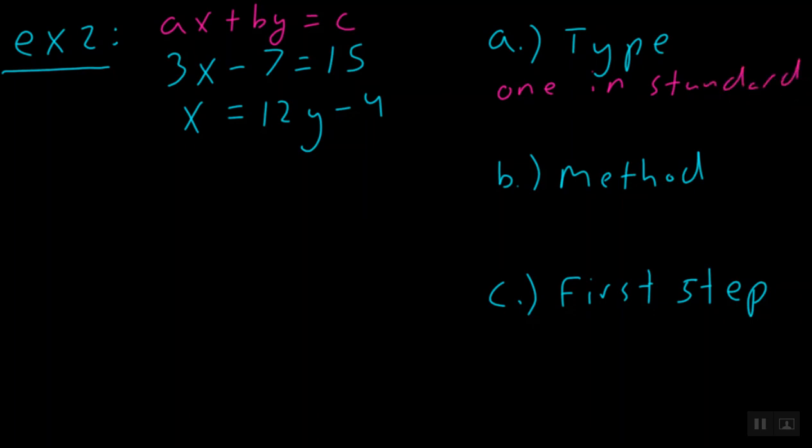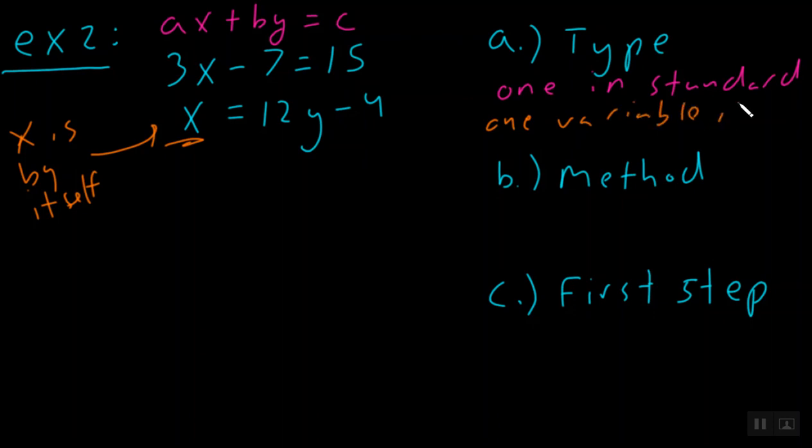And we have this other one where x is by itself. What I want to say here is one where a variable is by itself, because it really doesn't matter if it's x or y. Okay, so what's our method here?